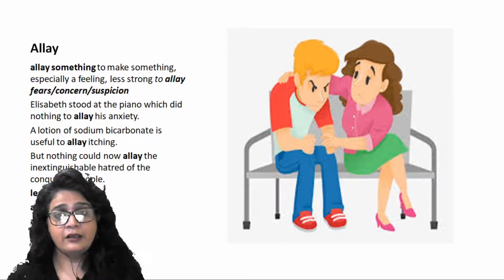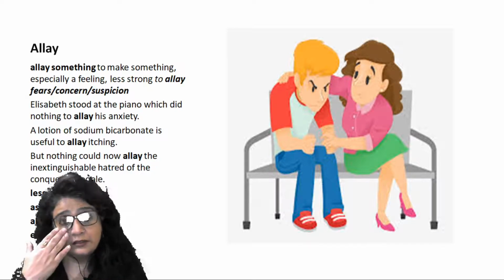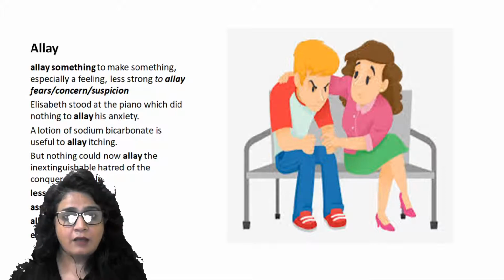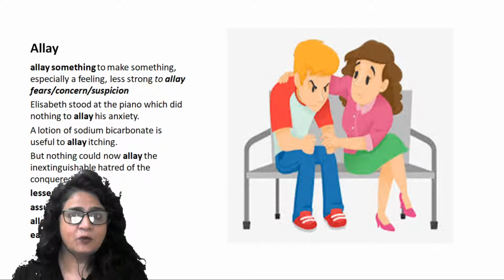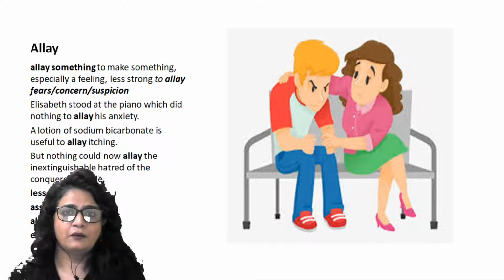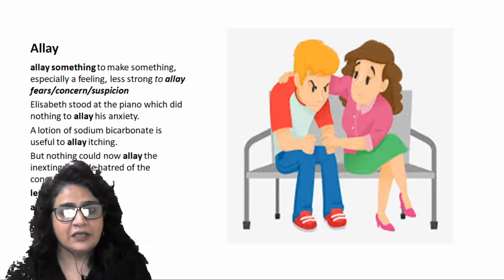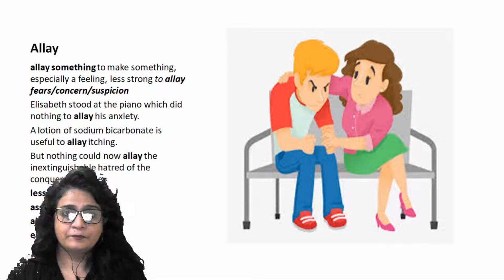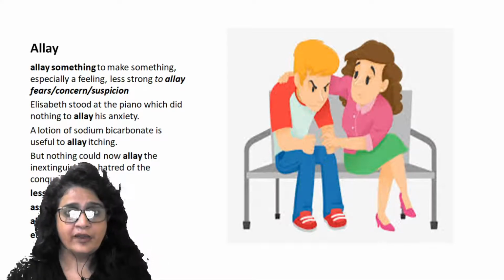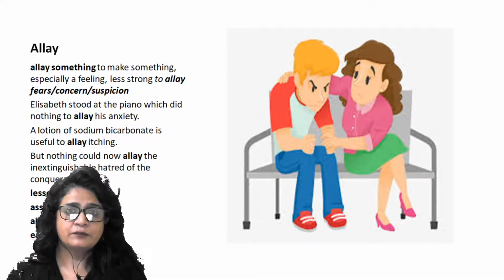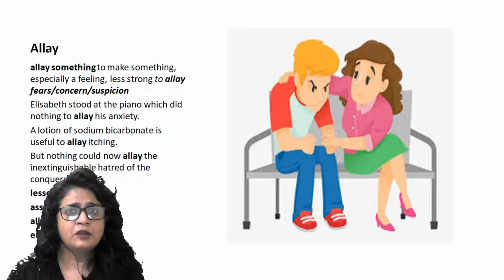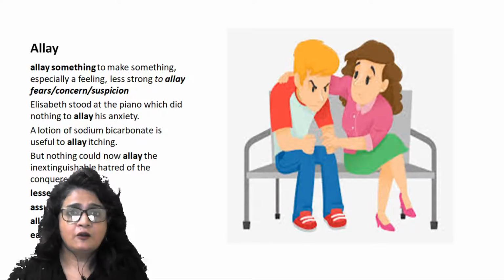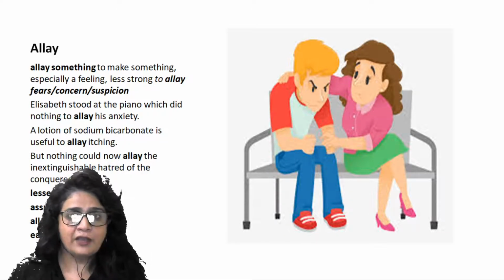So he's very angry and possibly since he has her company, his anger, his frustration, his disappointment is going to come down, right? So that is what allay means. To allay fear, right? So we saw our Prime Minister coming on television again and again during this pandemic, during lockdown, to allay fear, to allay our fear, because we had a lot of suspicion, we had a lot of apprehension, right?